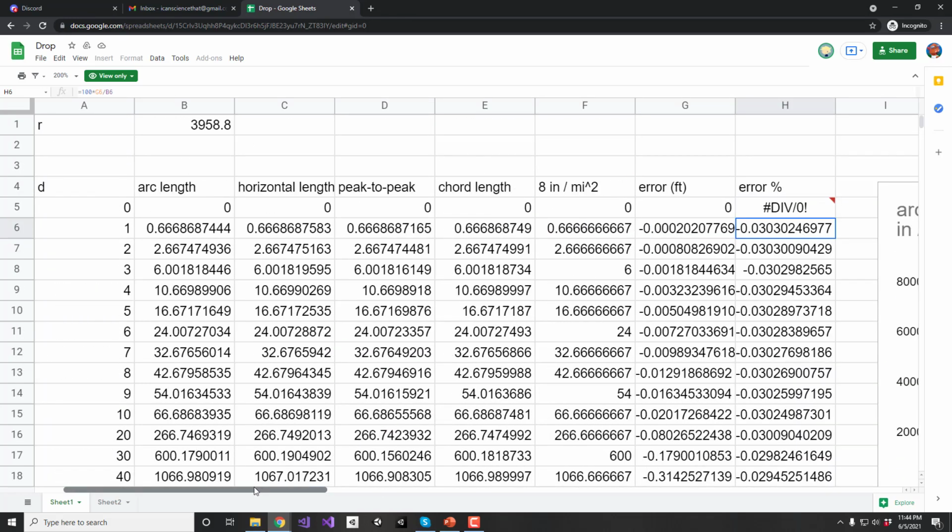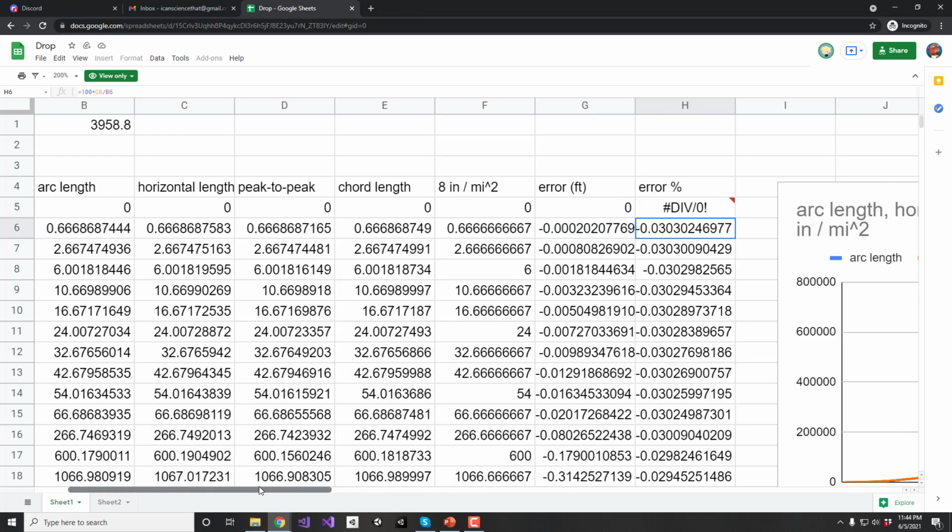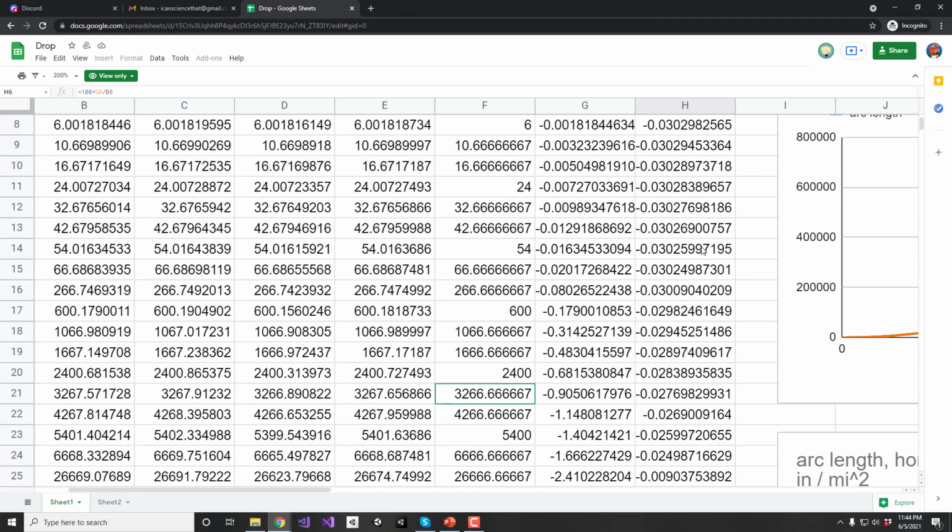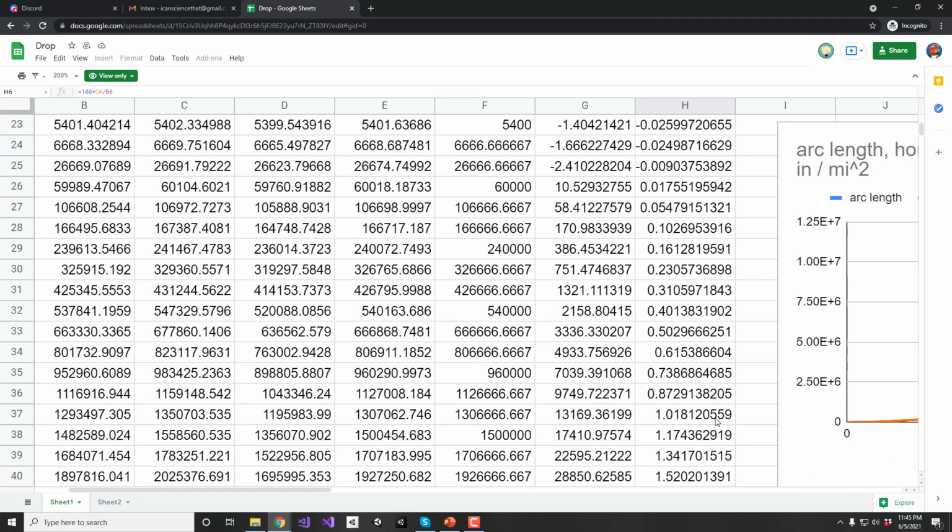How good is it? So I might want to ask the question, how far out do you have to go before your error becomes 1%? It's like at this point we're at fractions of a percent of error. How far out can we go and still stay under 1%? So let's scroll down as the numbers increase to right here.